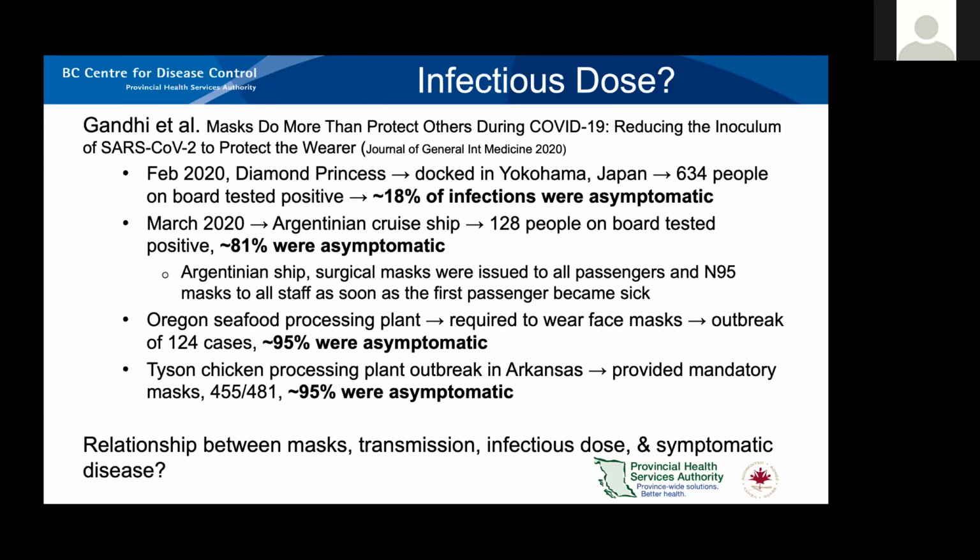So this notion of a mask on the person preventing them from transmitting to someone else, and from receiving infections, suggests that there is a relationship between masks, transmission, infectious dose, and symptomatic disease. This is akin to chickenpox, where you'd have your first kid who had chickenpox. This was before the vaccine era. Then they'd come home and infect a sibling, and the sibling would have much worse disease because their infectious dose was much higher. Next slide.